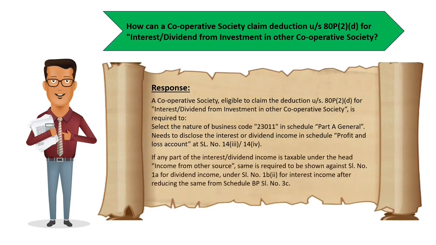Also, if any part of the interest or dividend income is taxable under the head income from other sources, the same is required to be shown, again at serial number 1A for dividend income and serial number 1B2 for interest income after reducing the same from Schedule BP, serial number 3C.